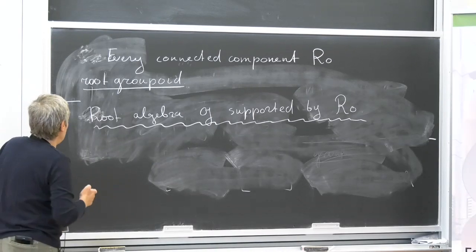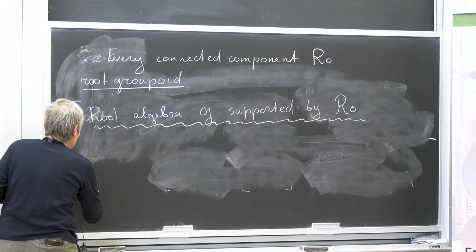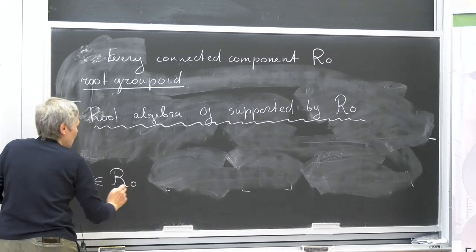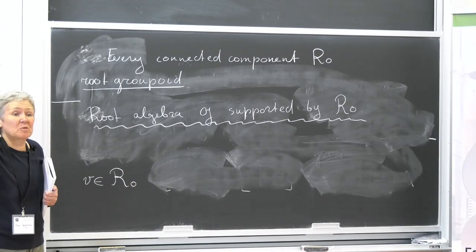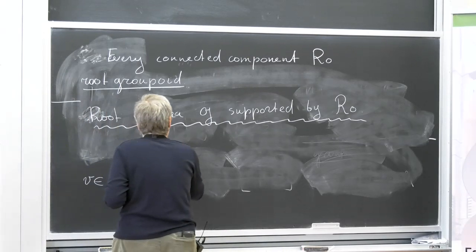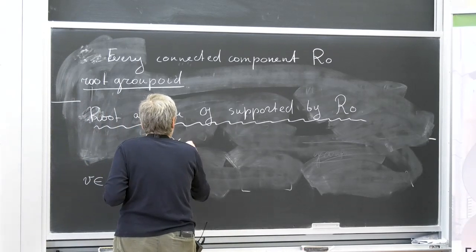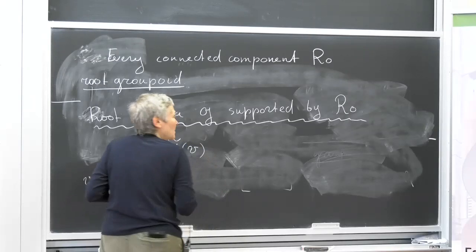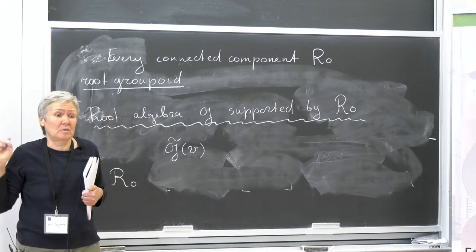The point is, for every V in my groupoid, I'm going to define this algebra G twiddle V as in the definition of Kac.